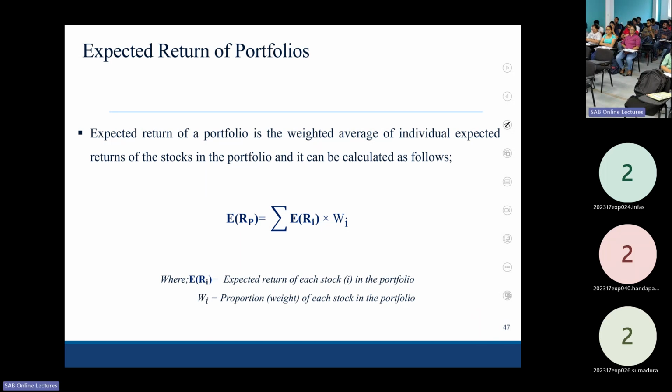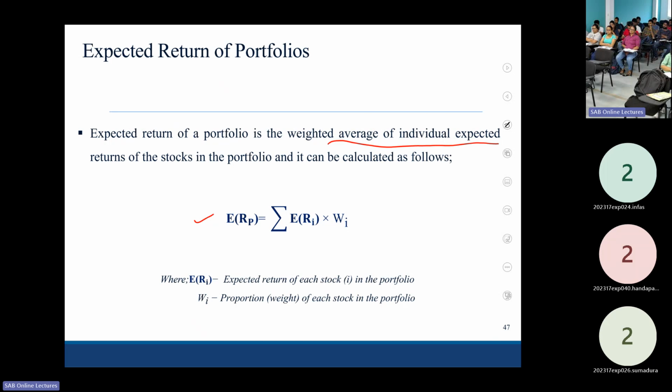Portfolio expected return is very easy. If you know the expected return for the individual stocks in the portfolio, and also if you know the weights or the size of these particular stock investments in the portfolio, then you can calculate portfolio expected return. It is the weighted average of the individual expected returns of the stocks in the portfolio.